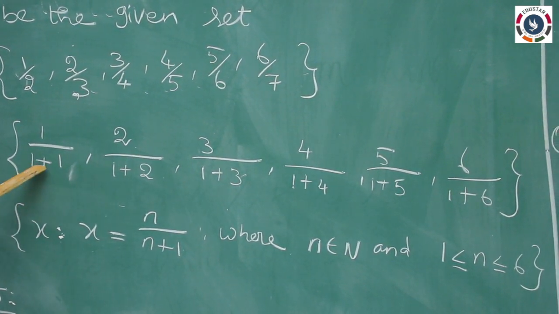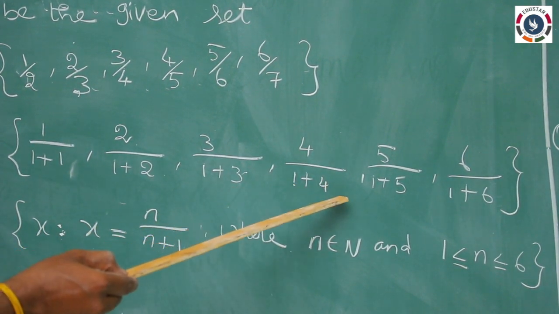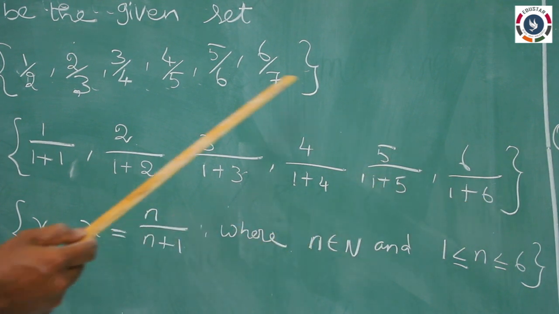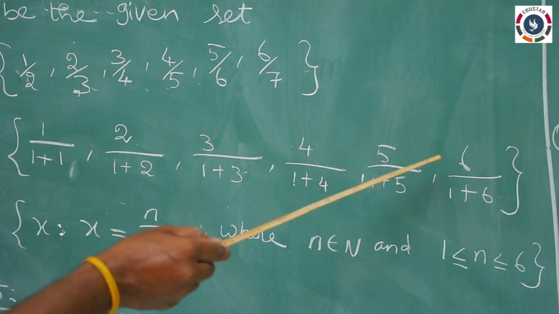So, the denominators are 1 plus 1, 1 plus 2, 1 plus 3, 1 plus 4, 1 plus 5, 1 plus 6, and the numerators are 1, 2, 3, 4, 5, 6.